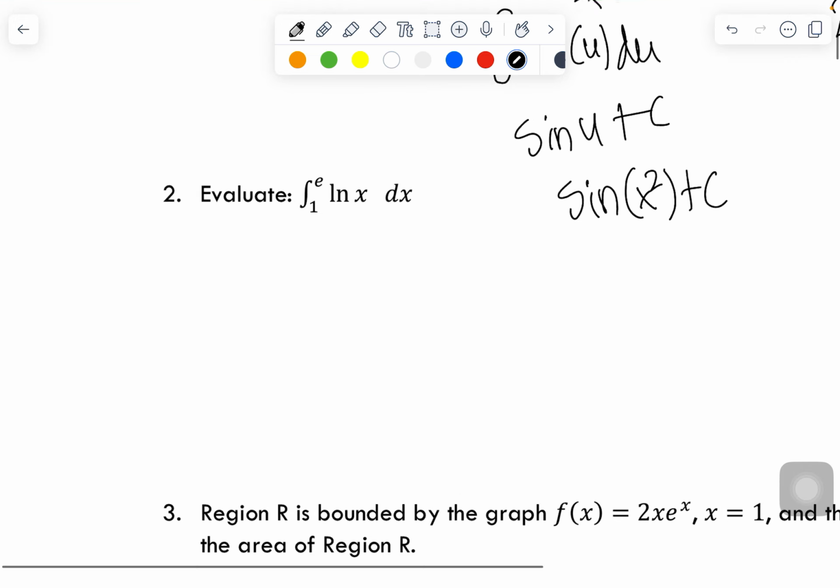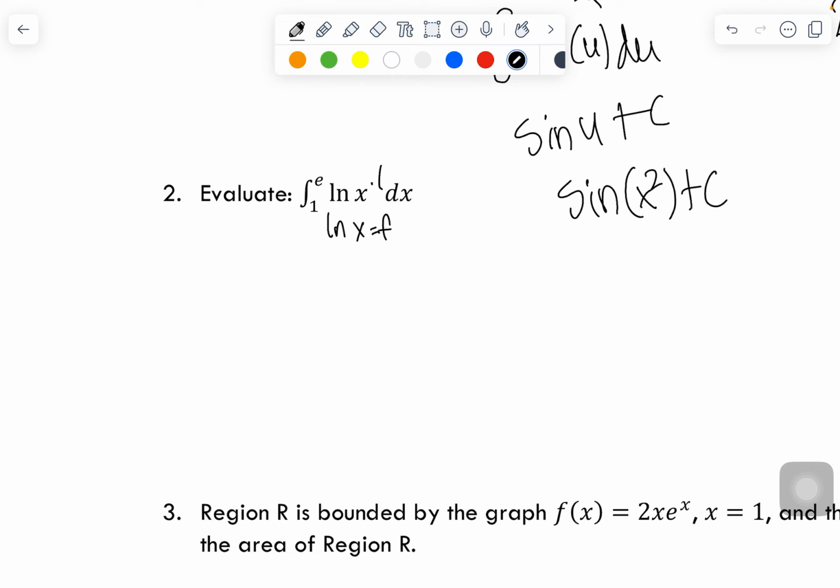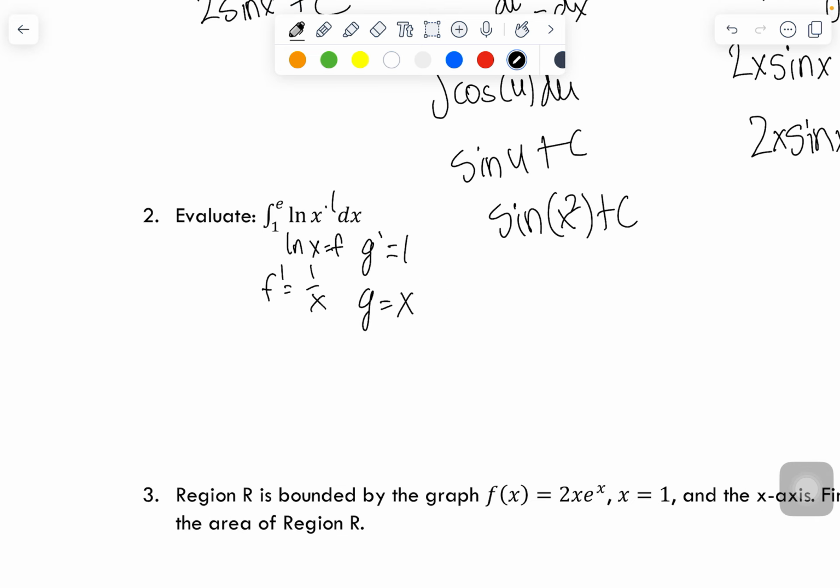And here we can see another example with the definite integral this time. So we'll say ln of x is equal to f, and remember I said we had to multiply by 1. It would make the most sense to set g prime to 1, since we can easily take the antiderivative of that to be x, and f prime is just 1 over x. So then we have our formula, which is fg minus the integral of g f prime.